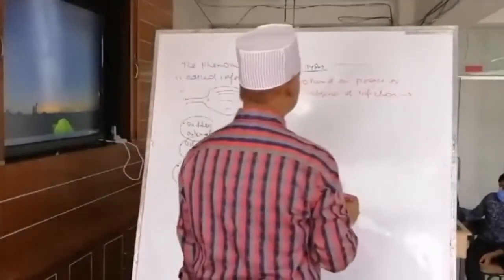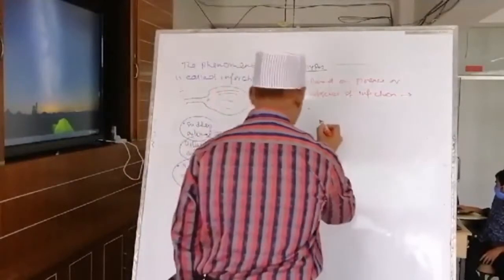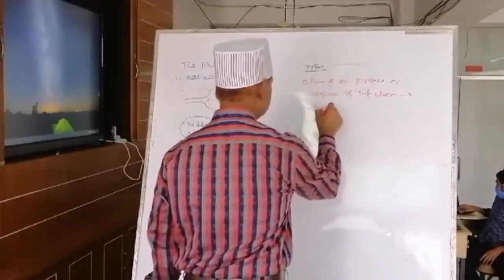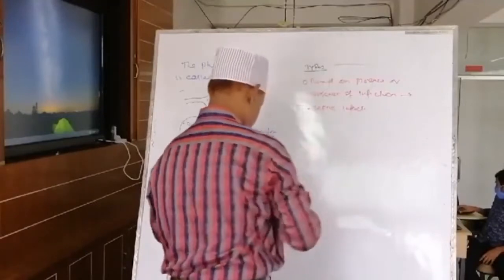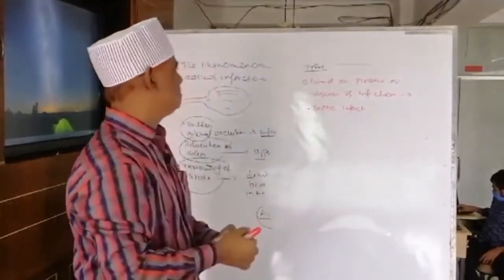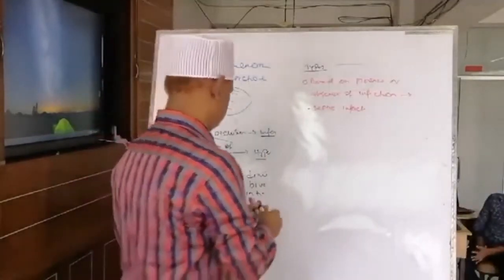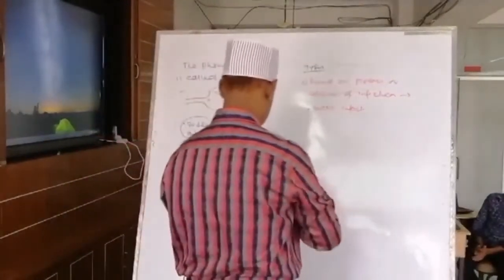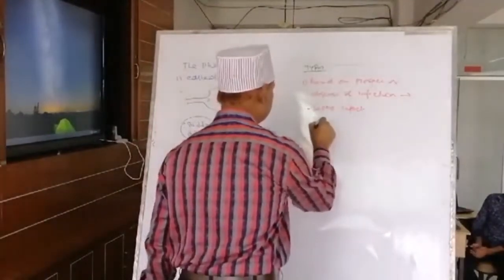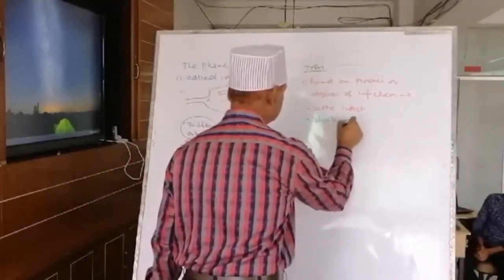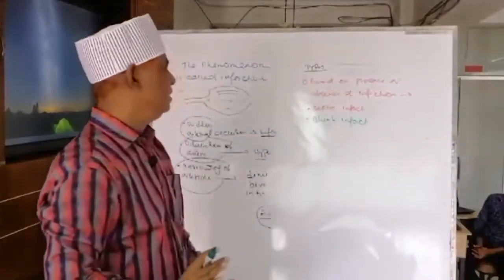Based on presence or absence of infection, there are two types. One is septic infarct. Infarct where there is presence of infection is called septic infarct. Another is bland infarct, meaning the infarct where there is no infection.